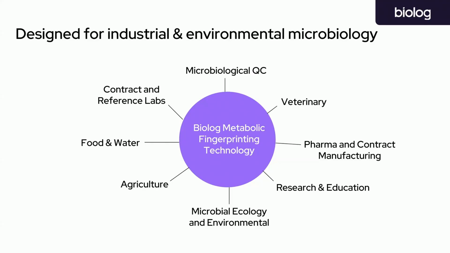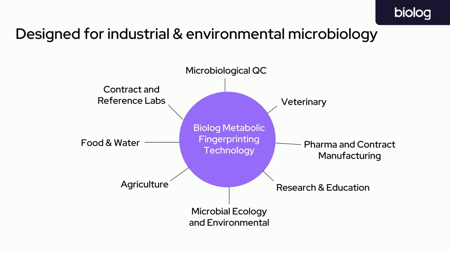And this is different from some other products that were developed more for diagnostic testing, for example, looking at blood pathogens or other clinical applications. So as a company, our focus has always been on identifying environmental and industrially important organisms.